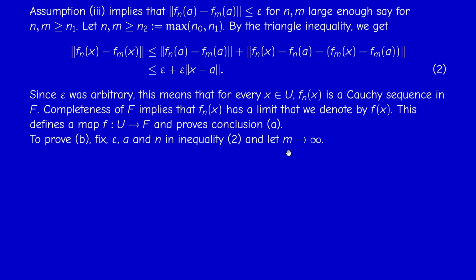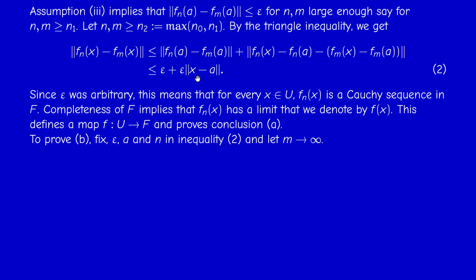So this proves the first conclusion. But this is not the most important one. To prove that convergence is uniform on bounded sets, we use this inequality too. We fix everything, epsilon, a, n, and x, and we let m tend to infinity.